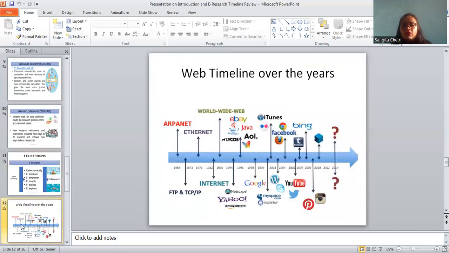So web timeline over the years, as we can see, many of the things that we are very familiar with are used at the current stage of our life. We are addicted to all these YouTube, Facebook, Instagram, Pinterest, and learning sites.